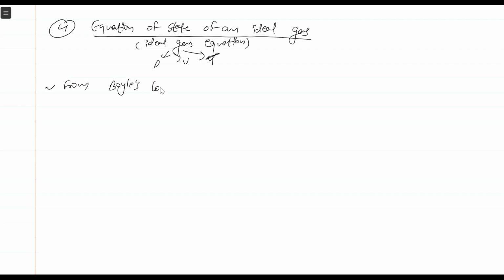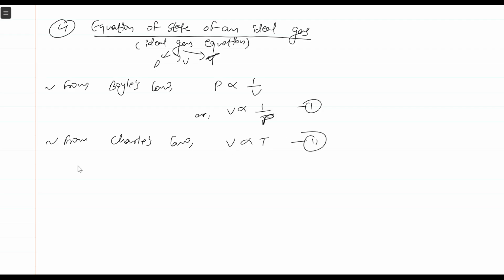From Boyle's law, what do we see? Pressure is proportional to 1 by V, or we can write it like volume is proportional to 1 by P. Consider this to be equation number 2. And from Charles' law, we see volume is proportional to temperature. Now combining these two, what do we see?